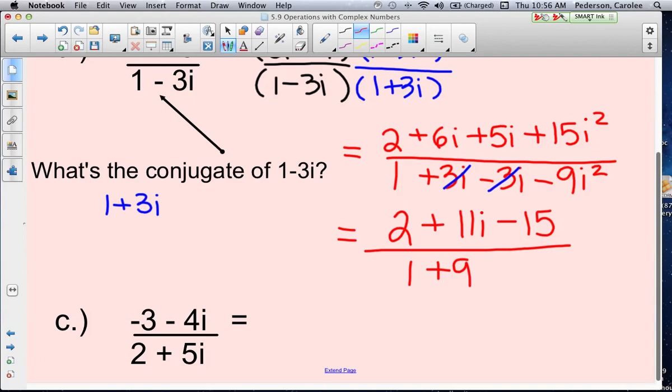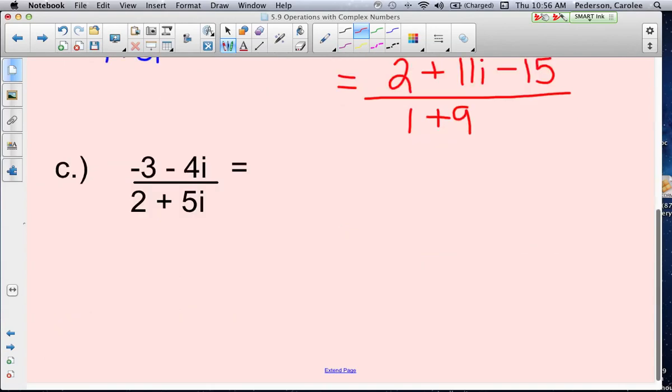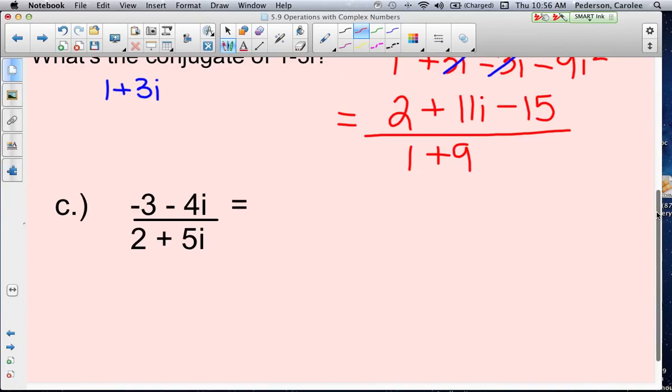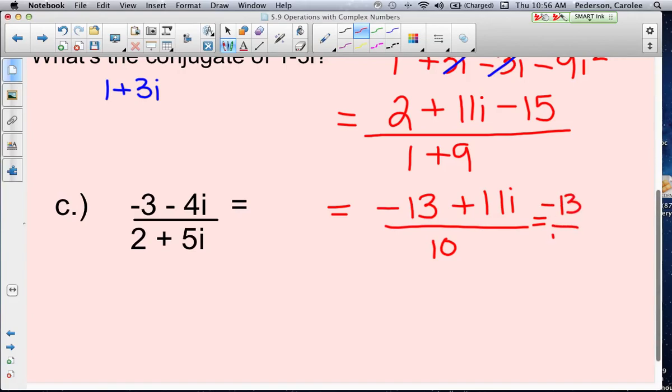Then we add like terms again. 2 minus 15 is negative 13 plus 11i over 10. Now we can split it up into its two fractions. Negative 13 over 10 plus 11i over 10.